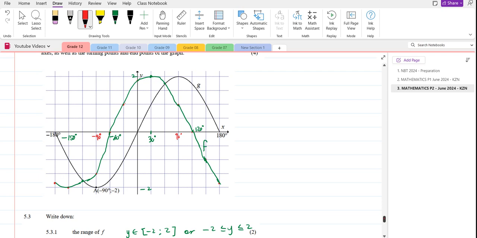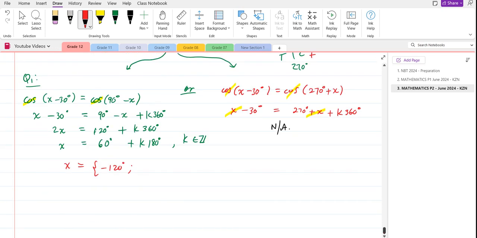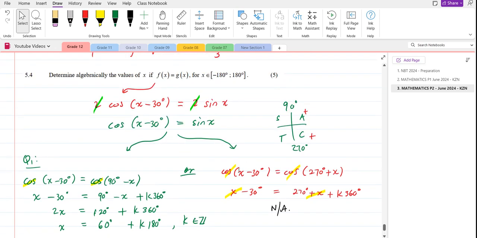If I take the value of k to be 0, I'm going to get 60 degrees. So two answers for x, at -120 and at 60 degrees. We have a point of intersection, right? So you can see this one doesn't work out, so this one is out. Only the quadrant 1 solution works out.